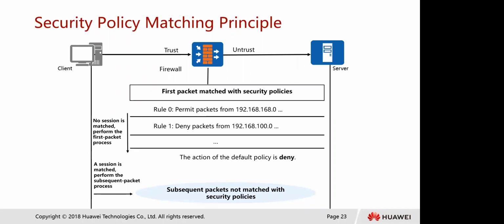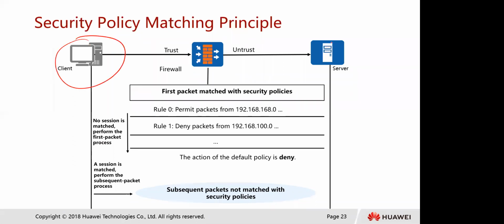We know that. The first packet, the firewall will go ahead and match to see if it meets our security policy. In the subsequent packets, the firewall does not match the packet with the security policy because it has already established the trust that this packet is coming from our trusted zone.